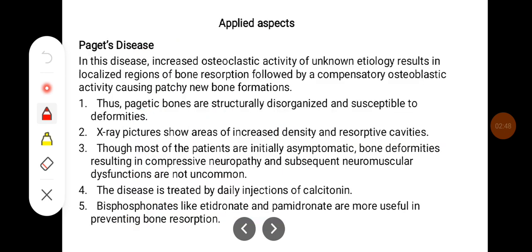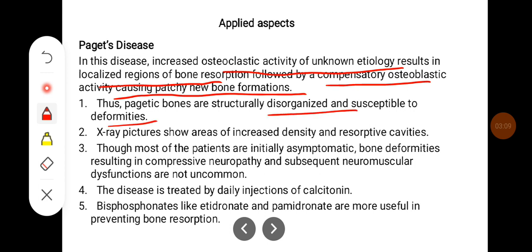Paget's disease. In this disease, increased osteoclastic activity of unknown etiology results in localized regions of the bone resorption followed by a compensatory osteoblastic activity causing patchy new bone formation. Thus, pagetic bones are structurally disorganized and susceptible to deformities. X-ray picture shows areas of increased density and resorptive cavities.